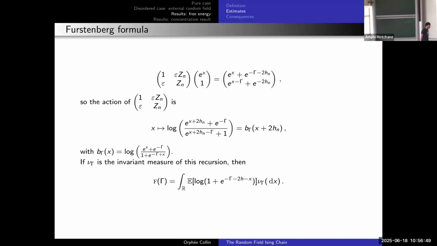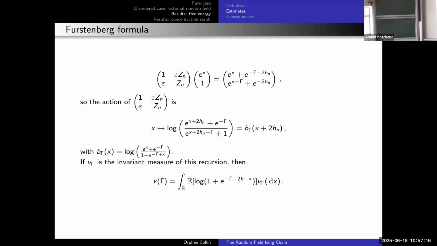Well, you have to consider the action of your random matrix on R2, and actually, what's really important is on the projective space. So how it acts on the quotient of the two coordinates. That's why I took here the second coordinate equal to 1.